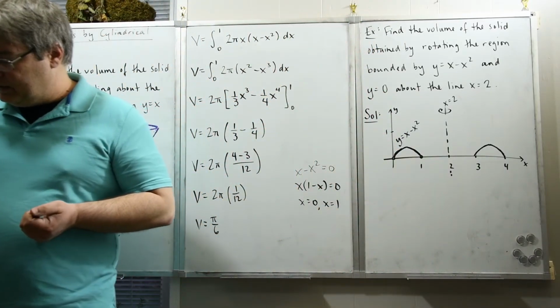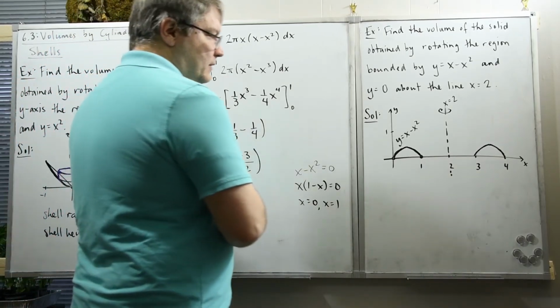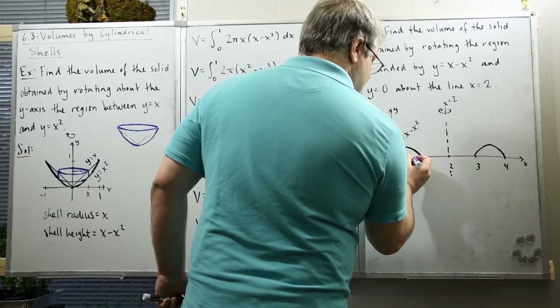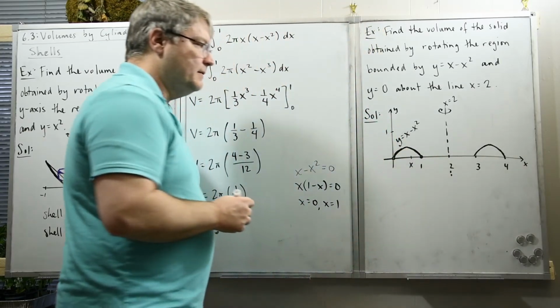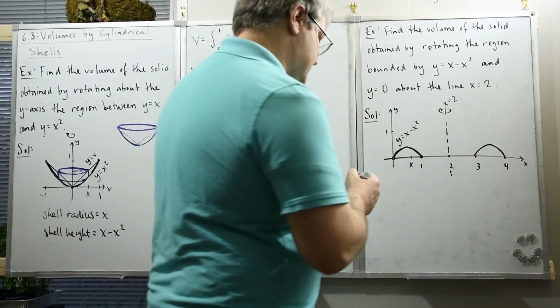Now our original region, of course, goes from 0 to 1 x-wise. And so I'm interested in figuring out some x location somewhere between 0 and 1. I want to figure out what the typical shell is going to look like.